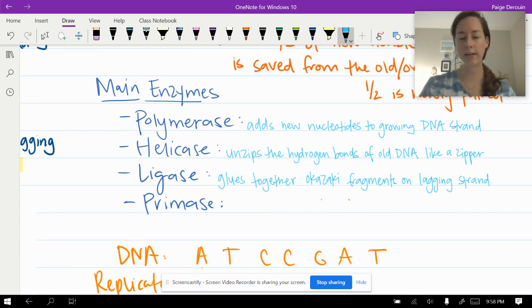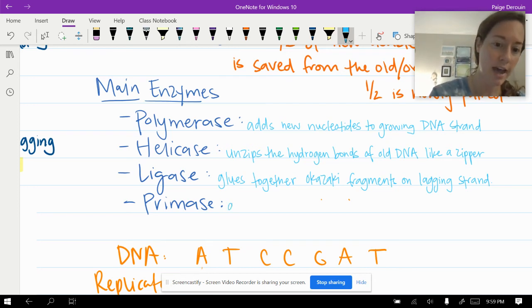And then the last one is primase. Primase's job is to add little primers, as they're called. They're little tiny segments of code, which is what we call DNA. The A's, T's, C's, and G's, the order of them, is the code. Primase does that so that polymerase knows where to actually start replicating.